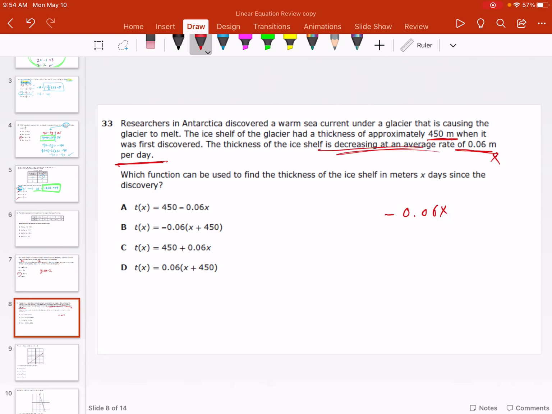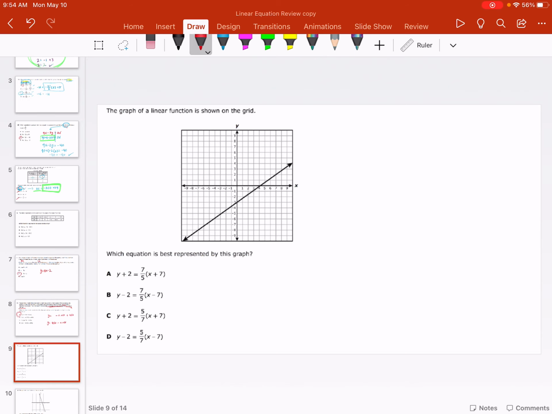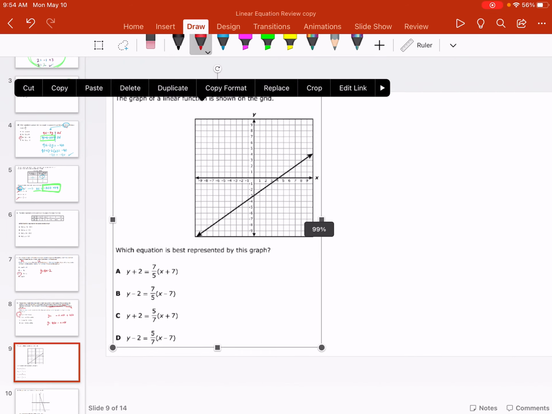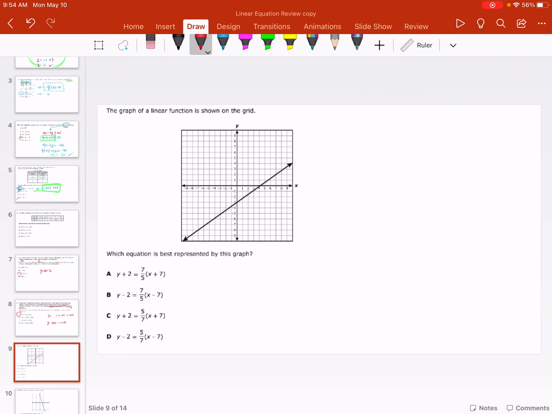Decreasing, so it's minus, from 450. So you should have 450 minus 0.06x, which you switch. A. Right, this question. It's very simple. What? You can find 2 points.